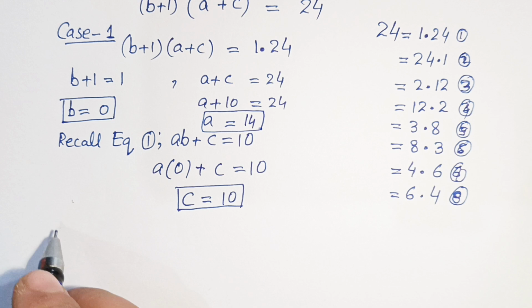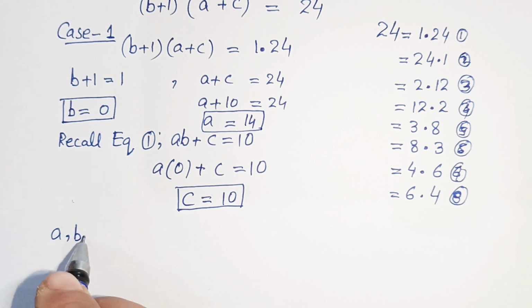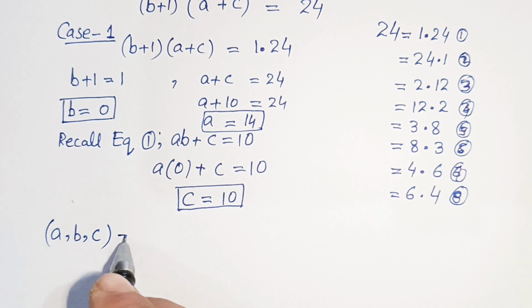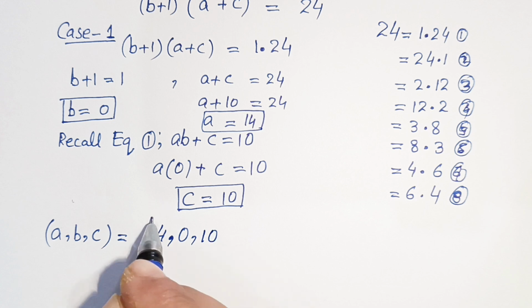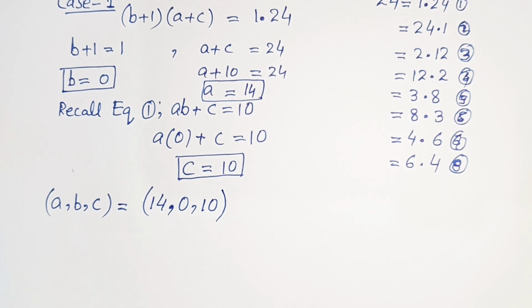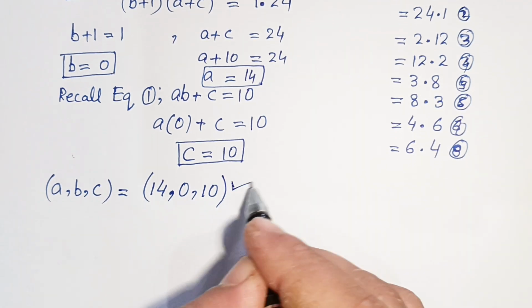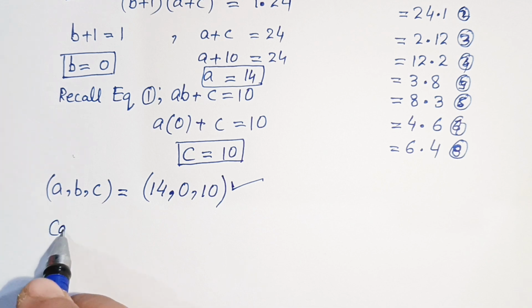Now in the first case we get the values a is 14, b is 0 and c is 10. So it is our first set of values from case number 1. Now solving case number 2.